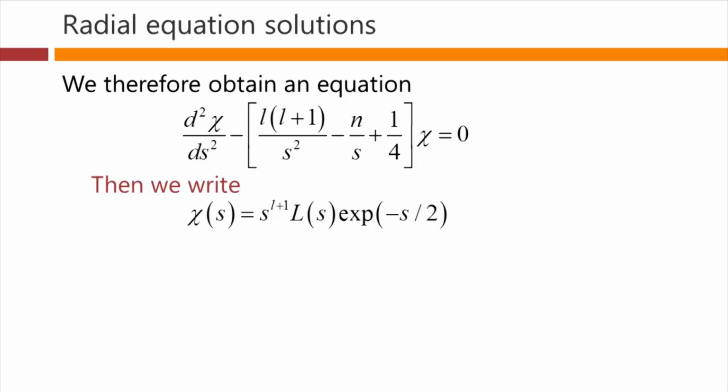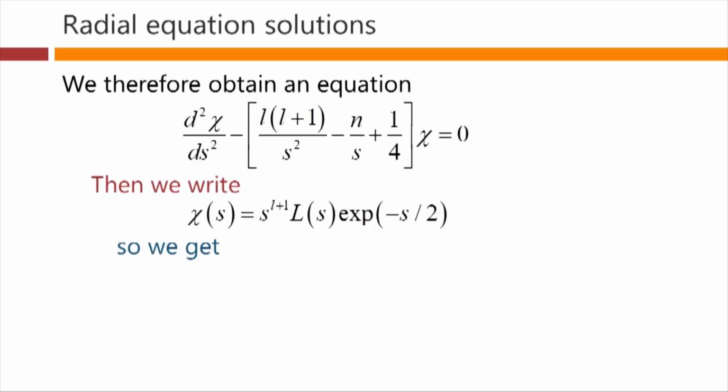This is a standard notation, though, for the functions we're about to come up with. So this is just some function L of s, and remember s is really just the radius here in a slightly different dimensional form. So we've really got radius to the power l plus 1, some function of the radius, and e to the minus something proportional to radius over 2.